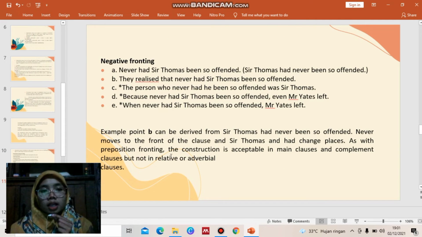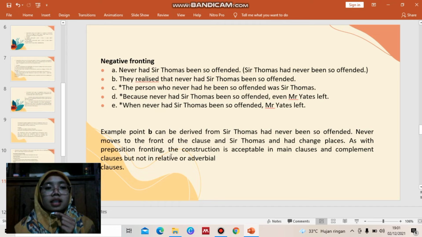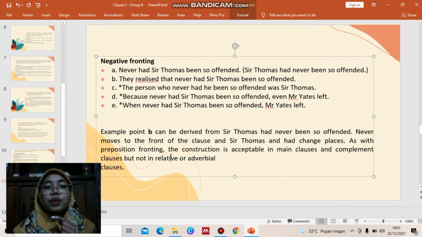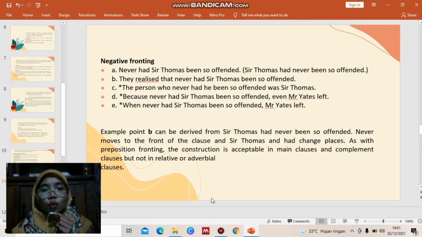Negative fronting. For example, never had Sir Thomas been so offended. Sir Thomas had never been so offended. They realized that never had Sir Thomas been so offended. C. The person who never had he been so offended was Sir Thomas. D. Because never had Sir Thomas been so offended, even Mr. Yates left.